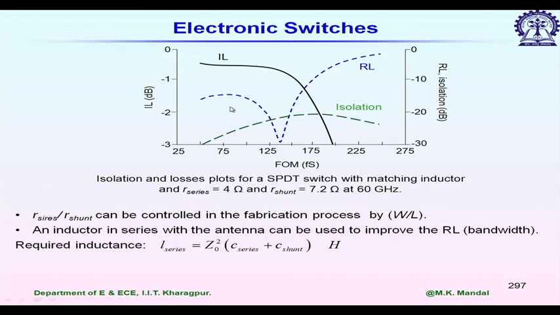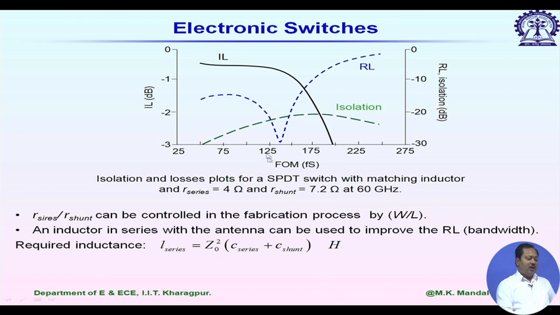Now, look at this plot. Insertion loss increases, but return loss has a minimum value and it is a function of figure of merit. So, for a given inductor and for a given capacitance value, we have some optimum value of R for which return loss will be minimum.